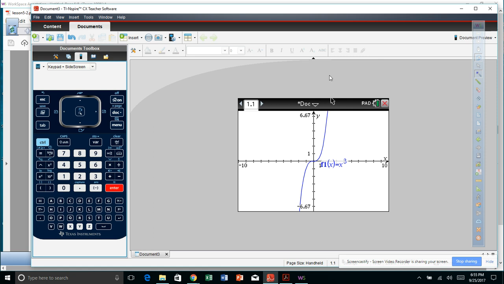The global max is actually positive infinity up here and negative infinity down there, but that's not a particular value.